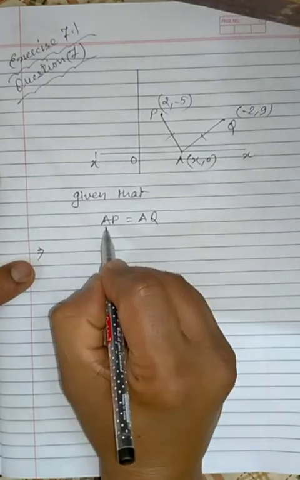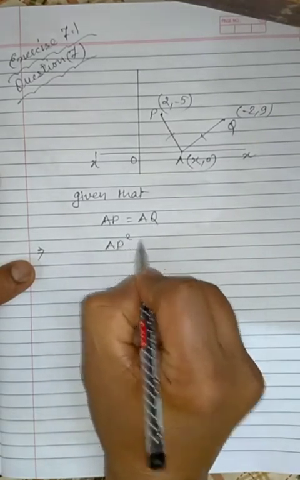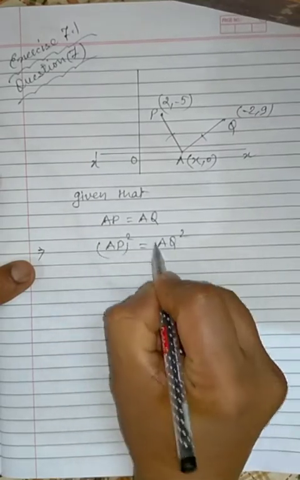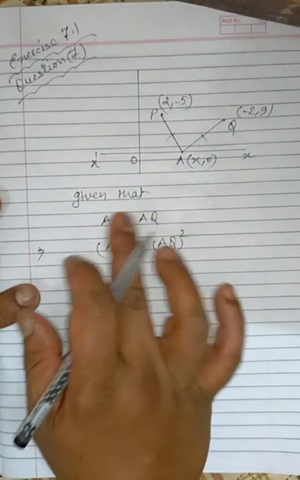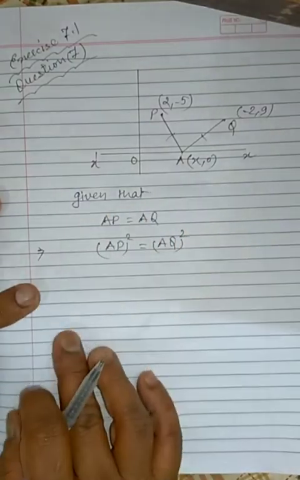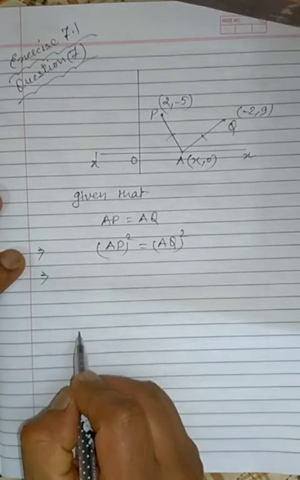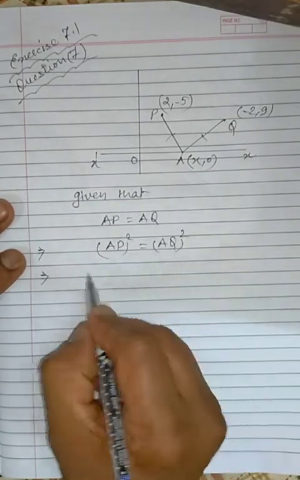If AP is equal to AQ, then if we square both of them, AP square will be equal to AQ square. If they are equal, then their squares will also be equal. We are squaring because in the distance formula we get an under root, and if we square, the under root will be removed.